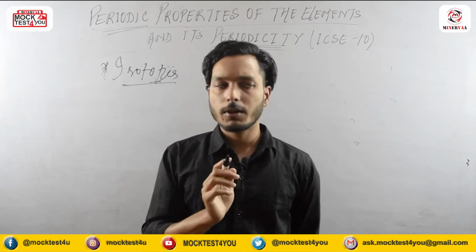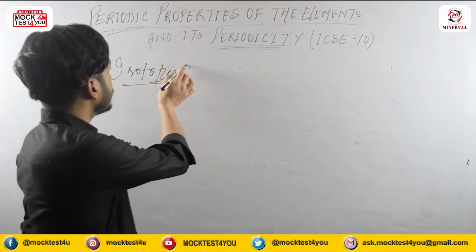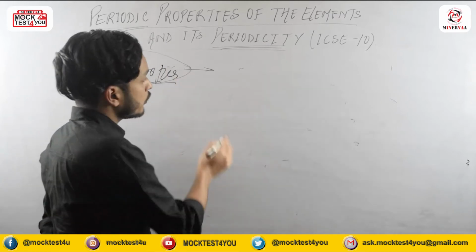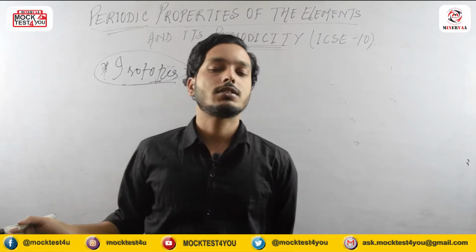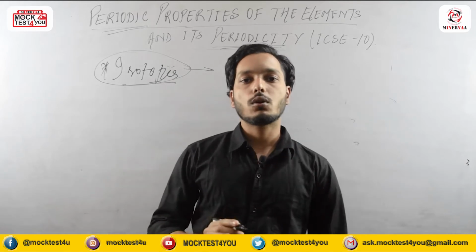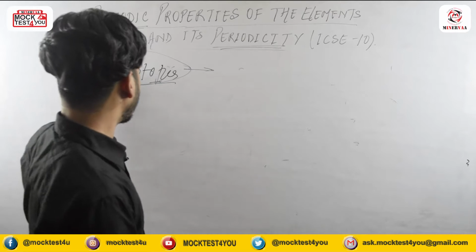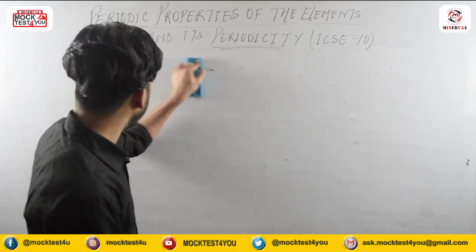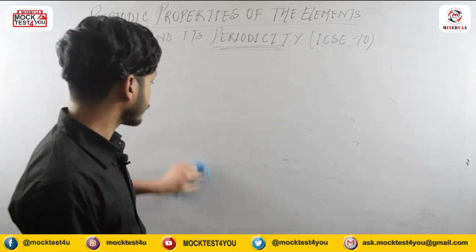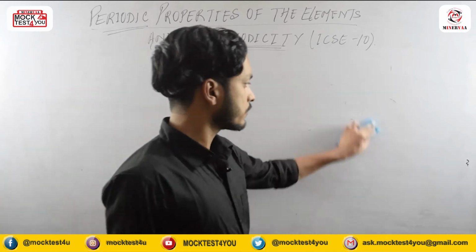In it you will not find any concept regarding isotopes. He has not told anything about isotopes, so that is also a drawback of Mendeleev's periodic table. I hope you have understood this, right?